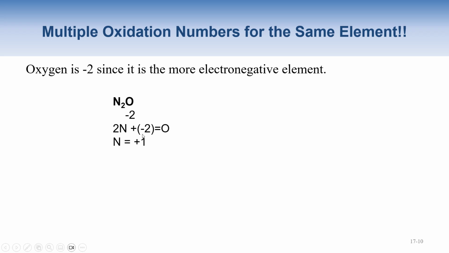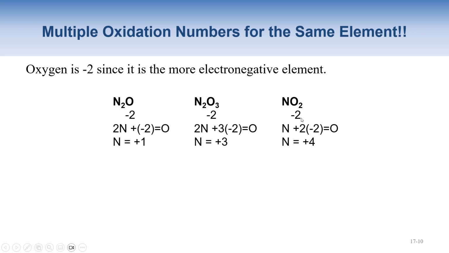By the time we're done with the algebra, we can see that N is +1. So the oxidation number on nitrogen in this instance is +1. But what about in this instance? We assign the oxidation number of -2 to oxygen. Now we have 2 nitrogen plus 3 oxygen is equal to 0. When we do the algebra and solve for nitrogen, we see that nitrogen has a +3 oxidation number.